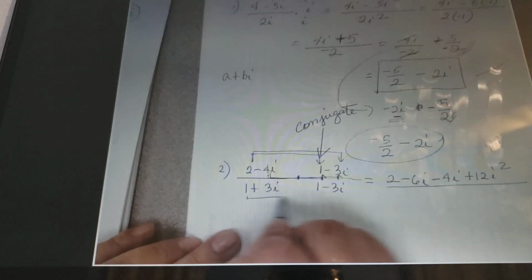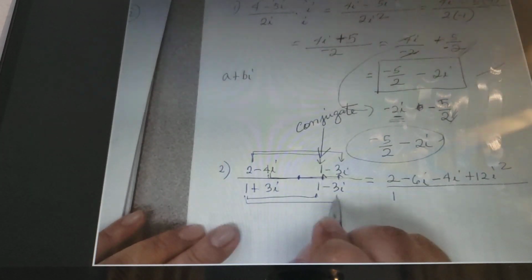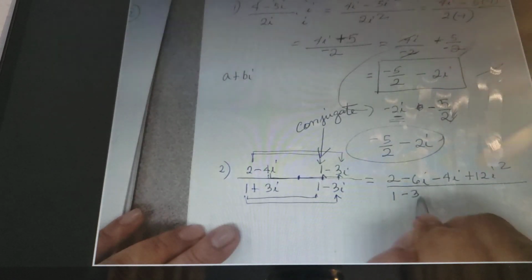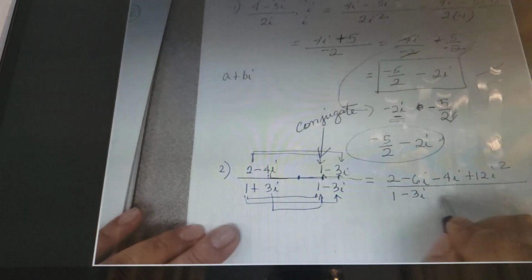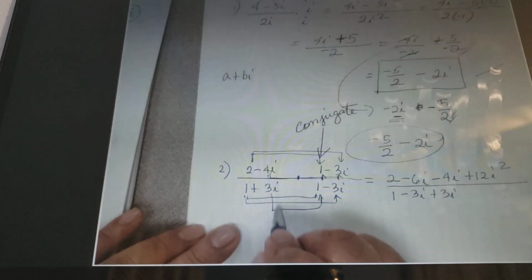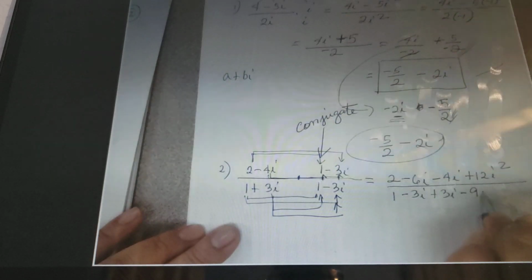So 1 times 1, 1. 1 times 3i, negative 3i. 3i times 1, positive 3i. 3i times 3i, negative 9i squared.